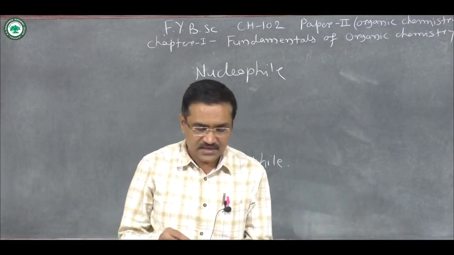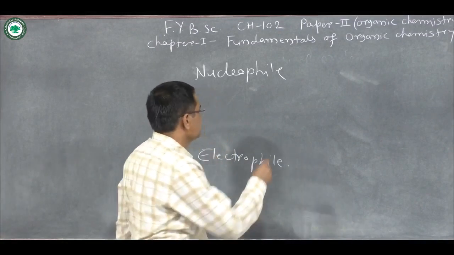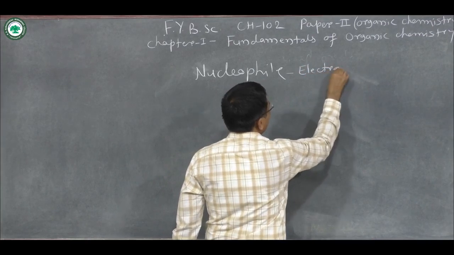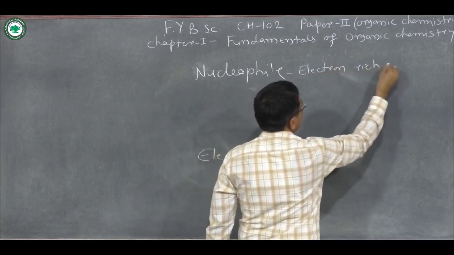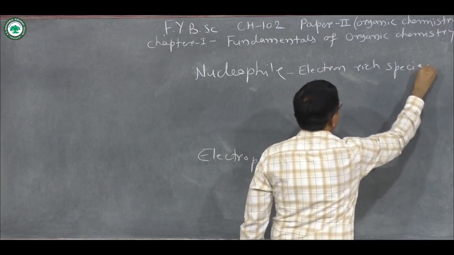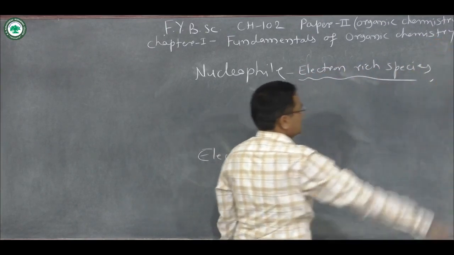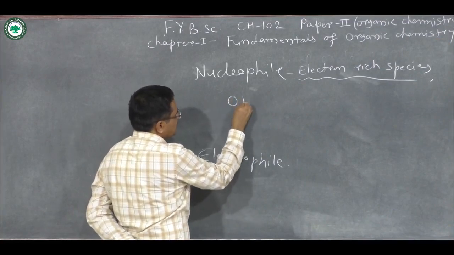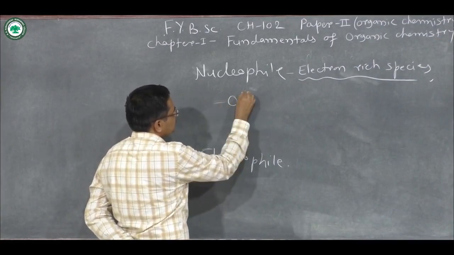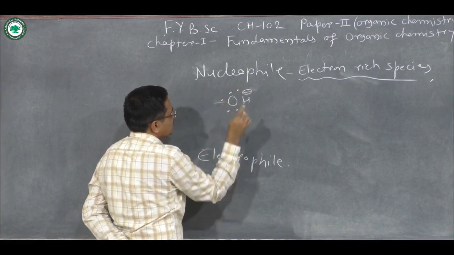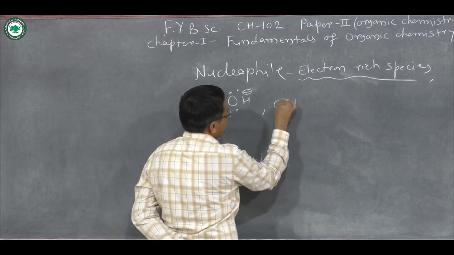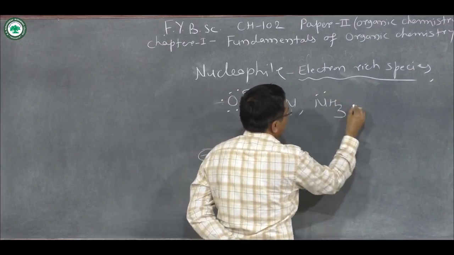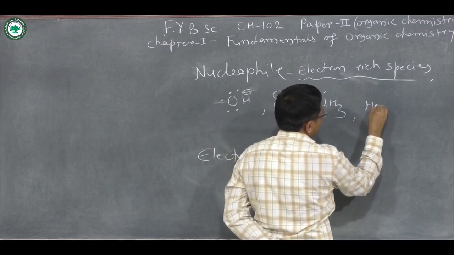Nucleophile is nothing but the electron rich species. Electron rich species. We take the example here. OH minus, CN minus, then ammonia, water.